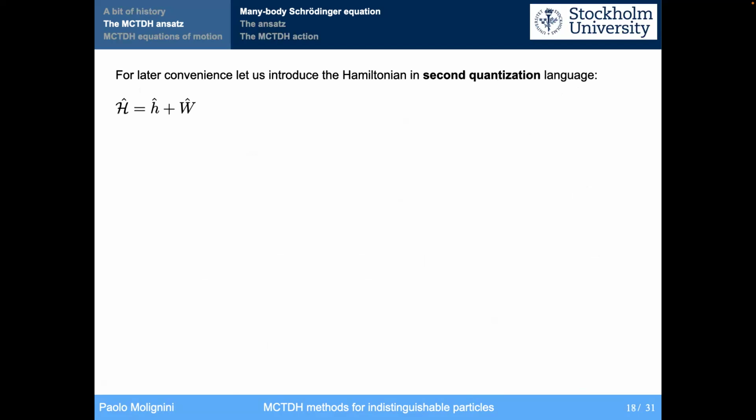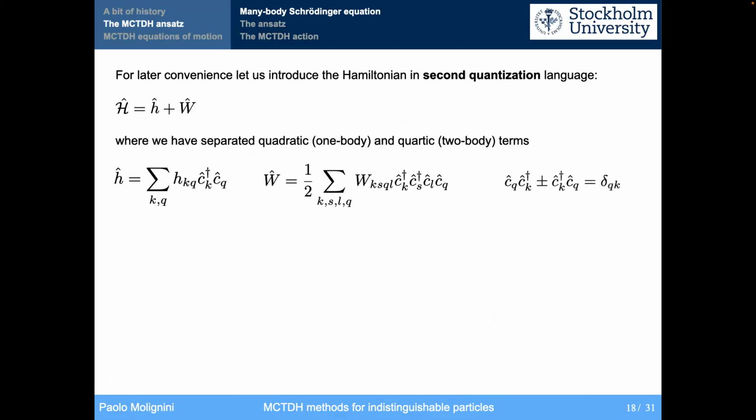So for later convenience, let me just introduce a couple of notation changes. We will use the second quantization formalism. So we decompose the Hamiltonian into a one body part, small h, and a two body part, w. They are respectively the quadratic part and the quartic part in terms of bosonic or fermionic operators.